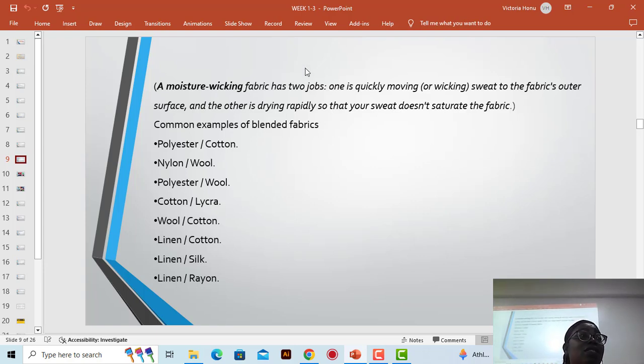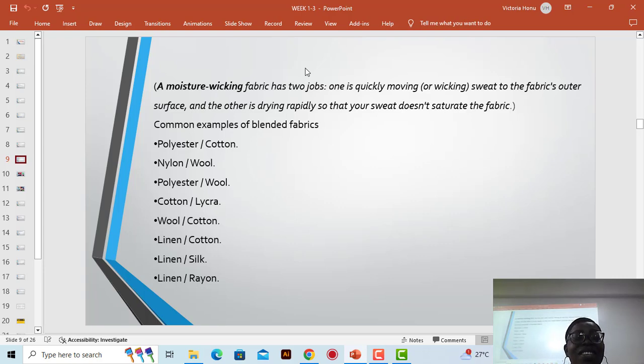Every fabric that we have falls under these three categories. No matter the names we are giving it, it is either a natural fabric or fiber fabric, synthetic, or blended. They fall under one. Just like we humans, you are either black or white. Even if you have pink eyes, you are black.